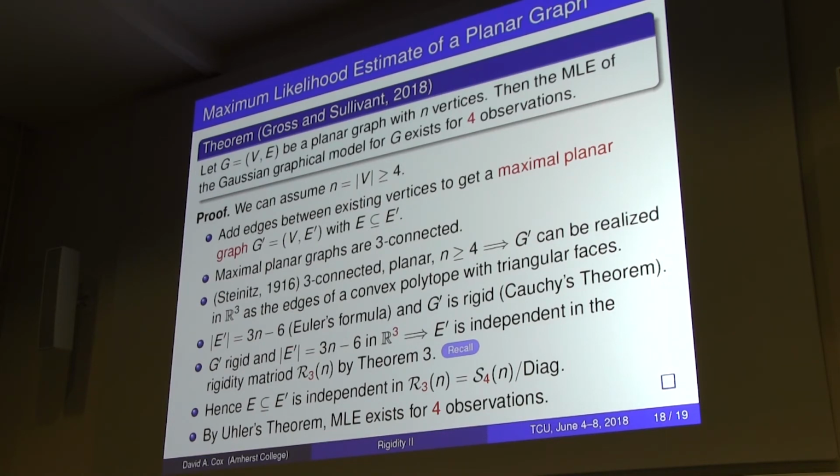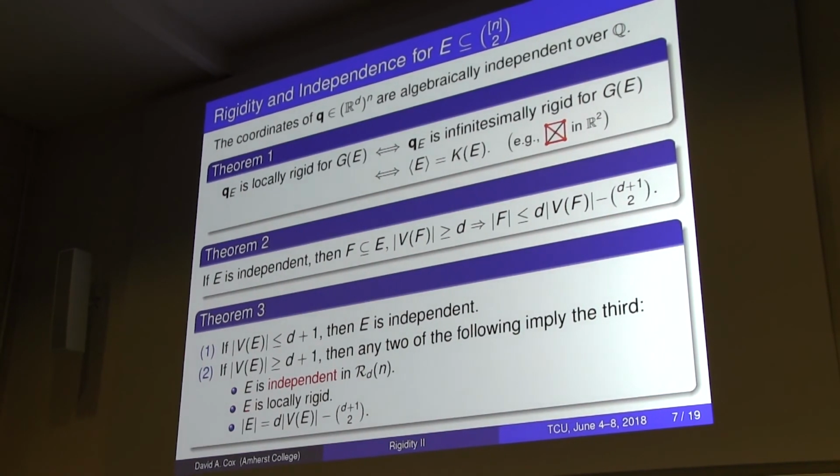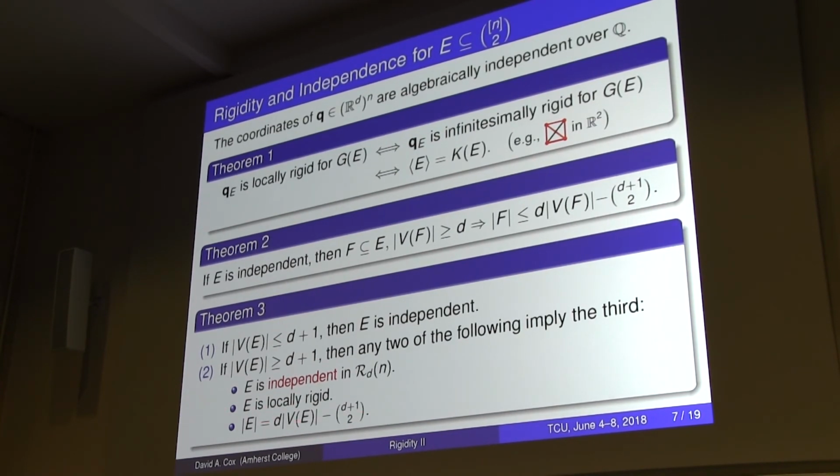And basically, so what happens, I'm going to have to use the mouse to get to the right place. Well, we have a theorem that's going to tell us something. And so let's go back to one of our earlier theorems. So we had this theorem right here that said that if I'm locally rigid and have the correct number of edges versus vertices, I am independent.